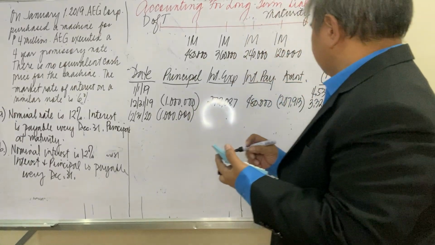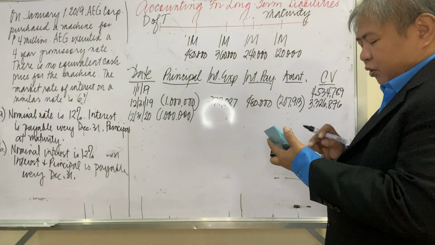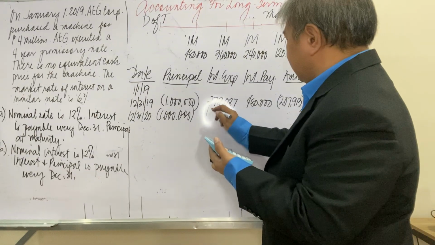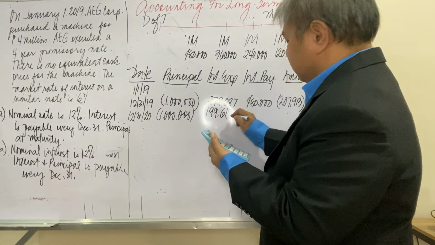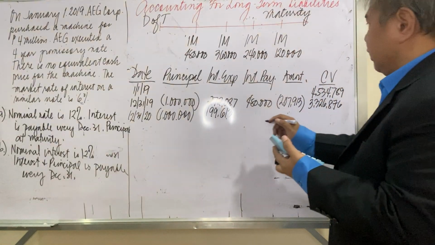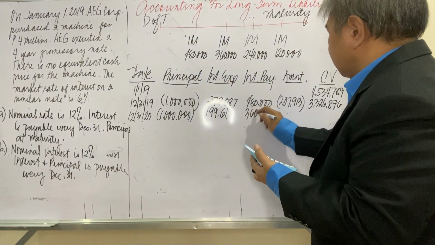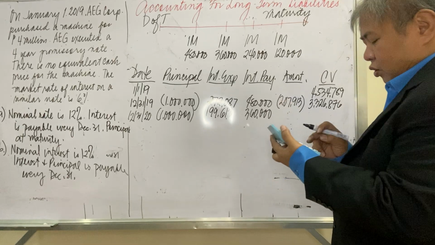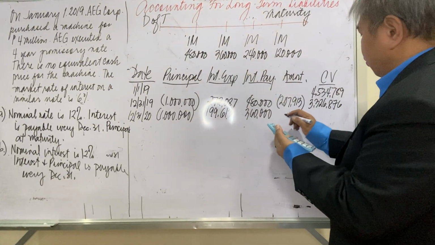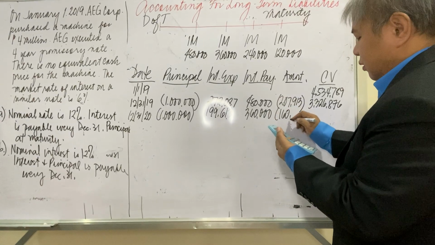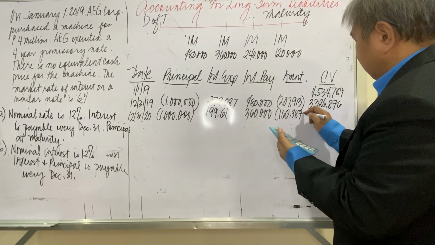On December 31st, 2020, again, there's a 1 million principal payment. Now, how much is the interest expense? 0.06 times 3,326,876. So this is 199,613. And then this is 360,000, so minus 360,000 would be 160,387.